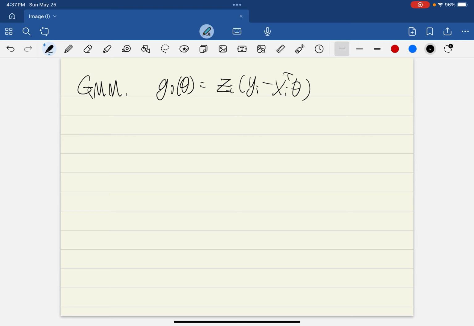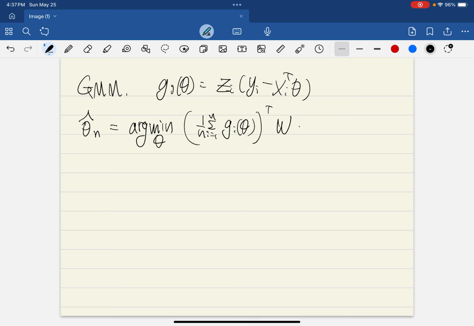Pretty much the standard moment condition, and then we are going to define estimator theta by minimizing weighted distance of the sample moment using a weight matrix W. Okay, you must be familiar with this form.